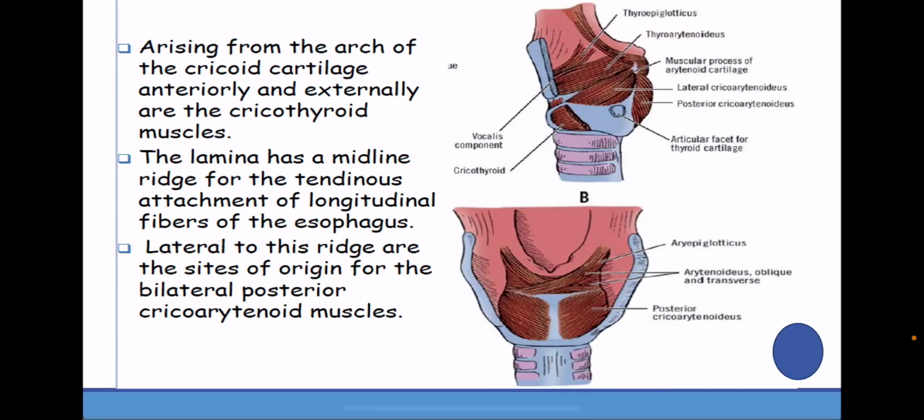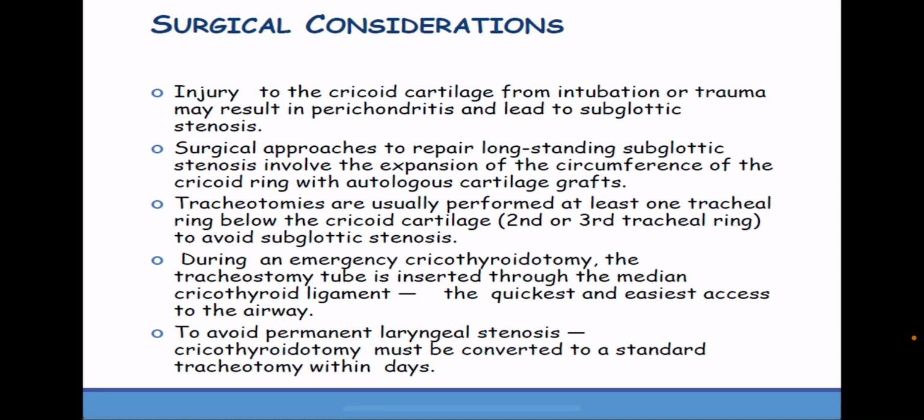Arising from the arch of the cricoid cartilage anteriorly and externally are the cricothyroid muscles. The lamina has a midline ridge for the tendinous attachment of longitudinal fibers of the esophagus. Lateral to this ridge are the sites of origin for the bilateral posterior cricoarytenoid muscles.